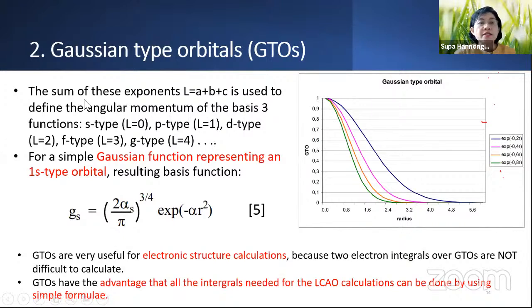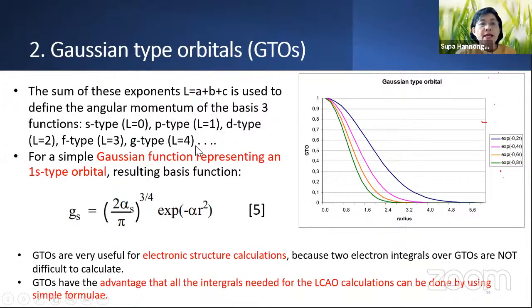For the details, the sum of these exponents, L equal to a plus b plus c, is used to define the angular momentum of the basis function. For example, S-type, L equal to 0, P-type, L equal to 1, D-type, L equal to 2, and F and G, etc.